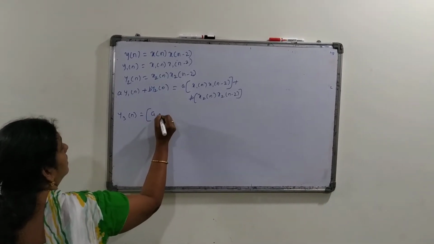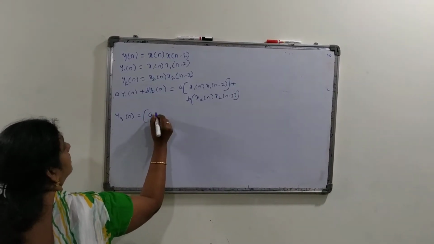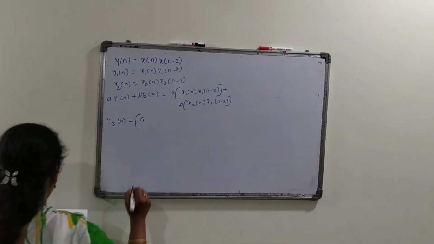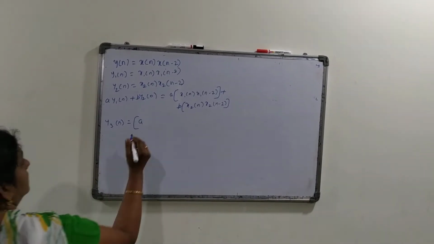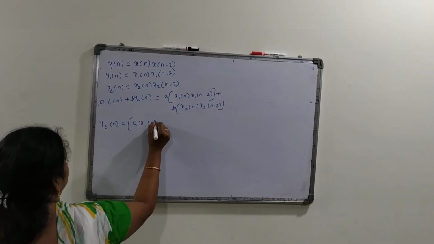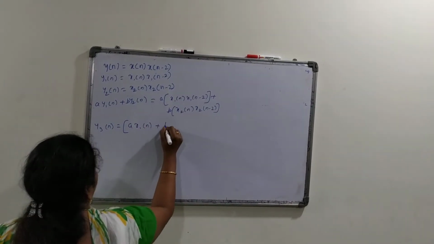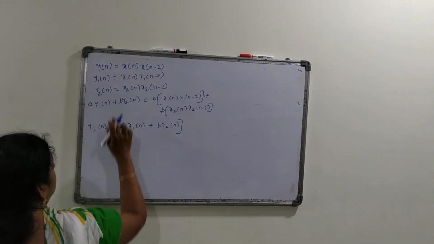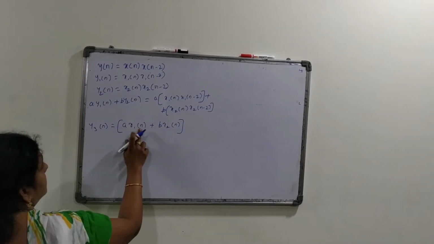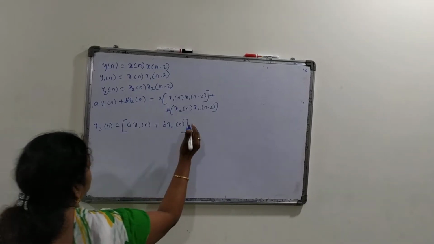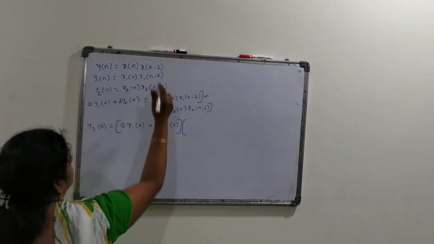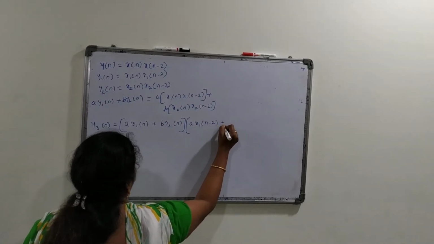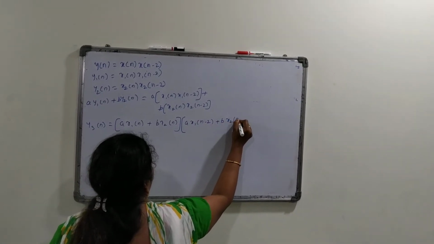You take a x1 of n plus b x2 of n. That means in place of x of n, the input is a x1 of n plus b x2 of n, right? And here it will be a x1 of n minus 2 plus b x2 of n minus 2.